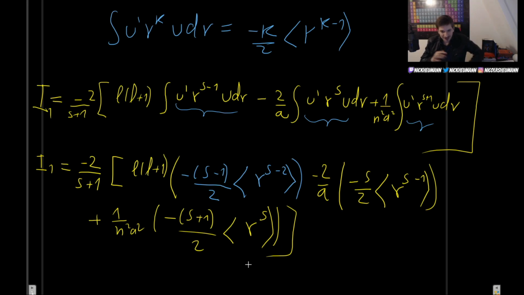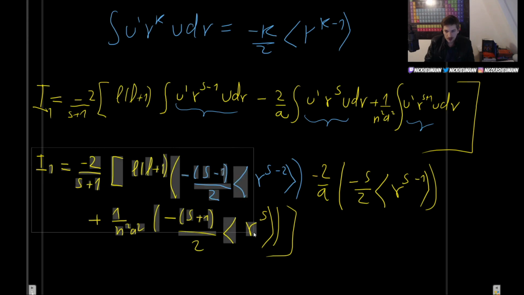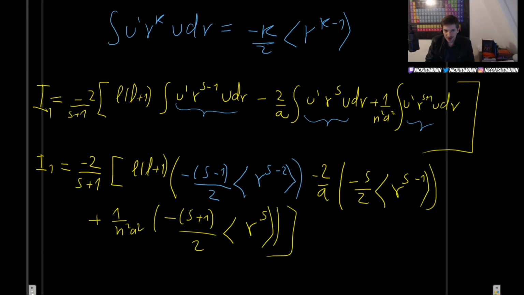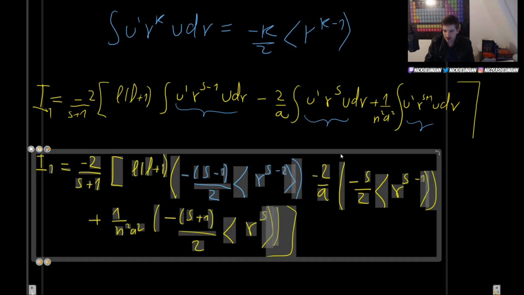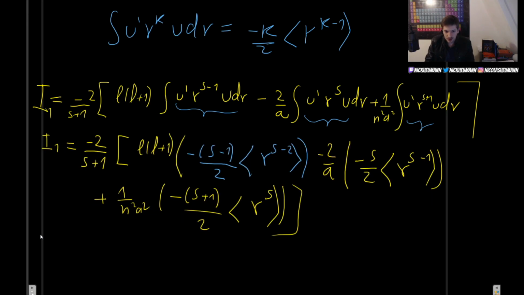Phew, all right, let's maybe simplify this algebraically just a bit more. So maybe actually I'm gonna get rid of this parentheses again, it's in the way. I'm gonna move this up just a bit so I have some more room down here. So let's try to put everything together a bit more concisely. So we can multiply through by minus 2 and by s plus 1. So we get L plus 1 times s minus 1 divided by s plus 1.